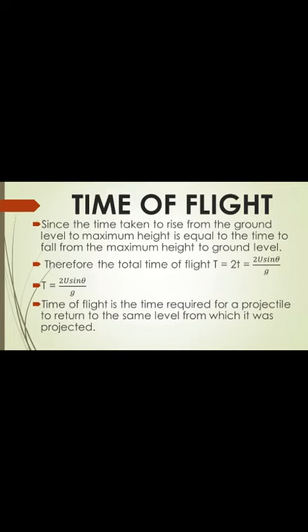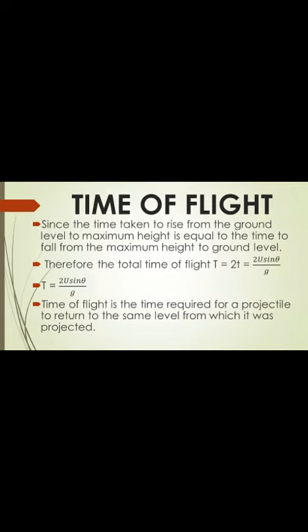So the implication of that is that since the time taken to rise from the ground level to the maximum height is equal to the time to fall from the maximum height to the ground level, we can also say that the total time, or what we call the total time of flight, which is the time it takes to go to the maximum height and return back to the projection plane, is 2 times the time that we mentioned earlier. So the capital T is the total time of flight, and the small t is the time it takes to get to the maximum height.